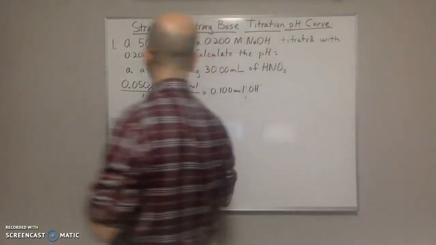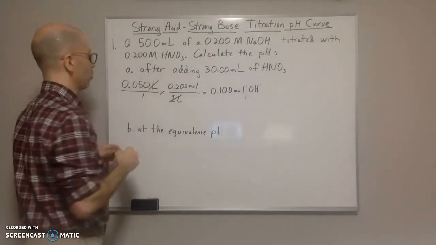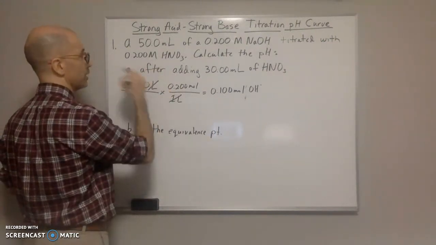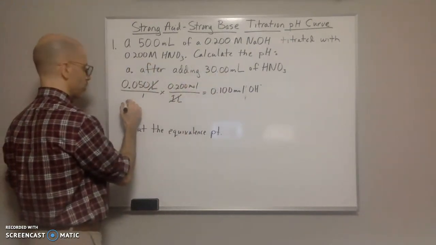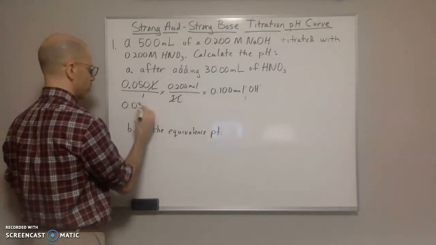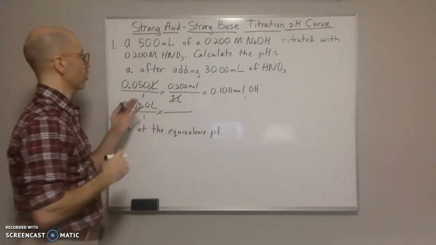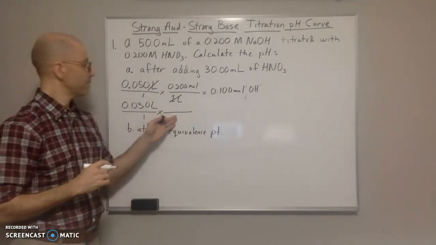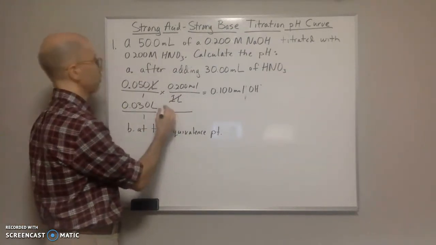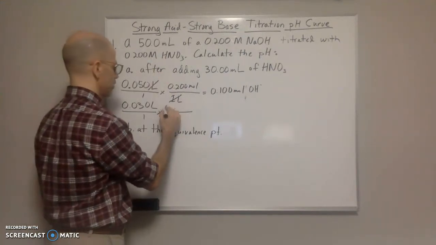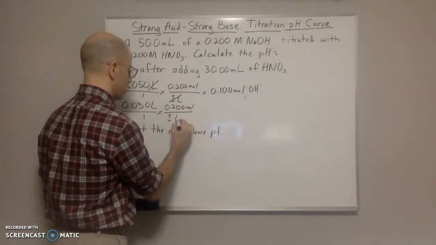The next thing you need to do is calculate the amount of moles of the HNO3. So you take the molarity here, and you got 30 mLs. So here we're going to convert that to liters, 0.030 liters over 1. And you're going to then use the molarity to calculate the amount of moles of HNO3. So here you have, again, same molarity, 0.200 moles per 1 liter.